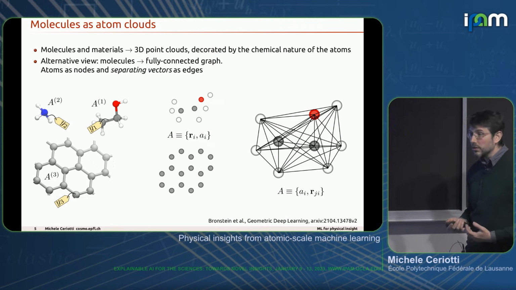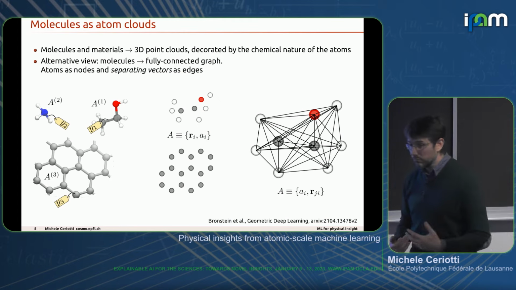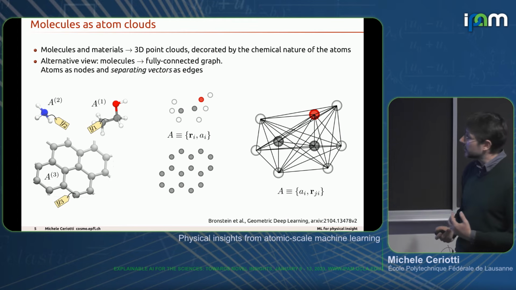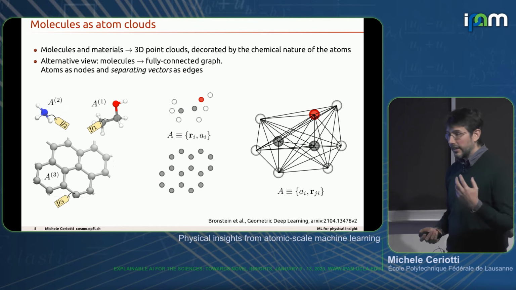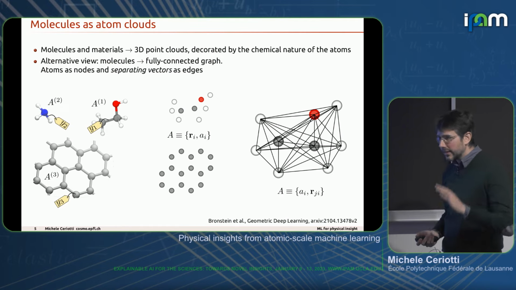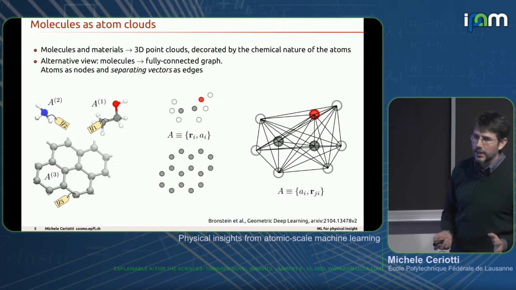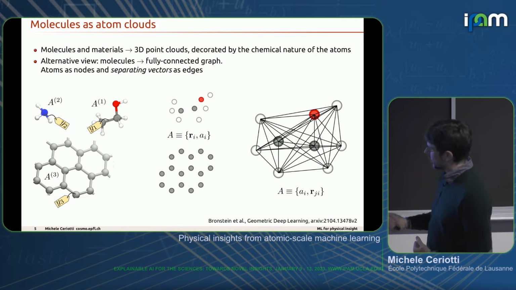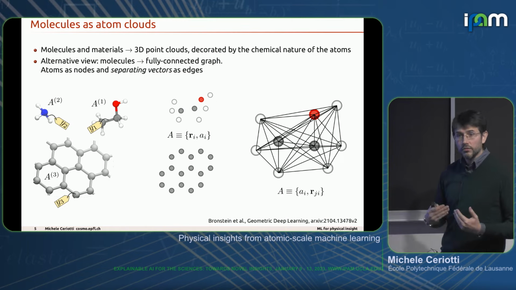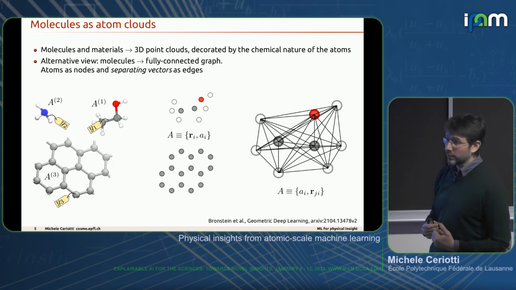Another point of view on the same problem, which is actually one which is typically used by people coming from cheminformatics, is to regard molecules as graphs. And here I want to stress, when I say graphs, I don't mean just discrete connectivity type of graphs, but these are more geometric graphs in which basically the edges are decorated with information on the distance or the geometric relationship of different atoms.